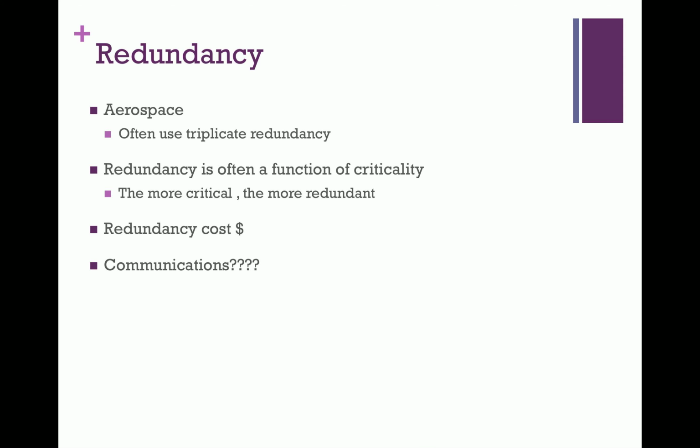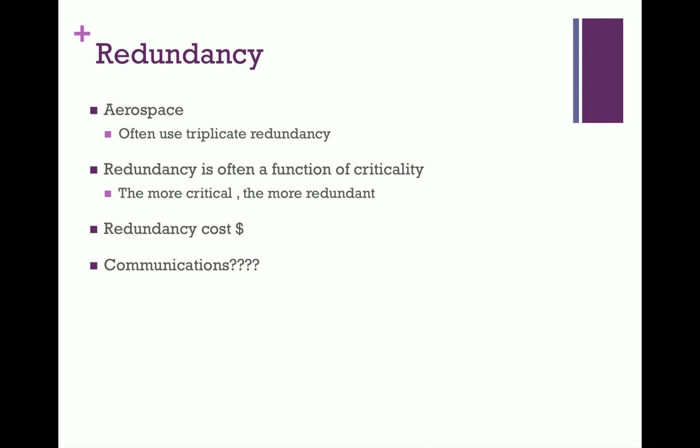The second point is, redundancy is a function of criticality. What I mean by that is the more critical something is, for example, on the space shuttle, obviously the life support system is probably the most critical, because if you can't keep the astronauts alive, then you don't have a space shuttle. So obviously you're going to focus a lot more attention, resources, and redundancy on the life support system.